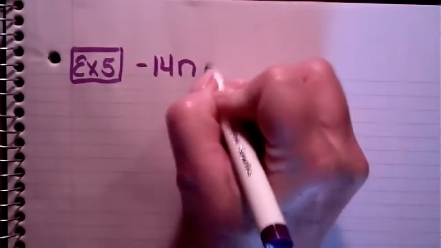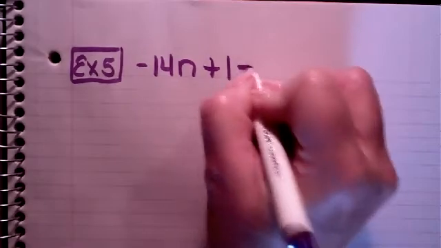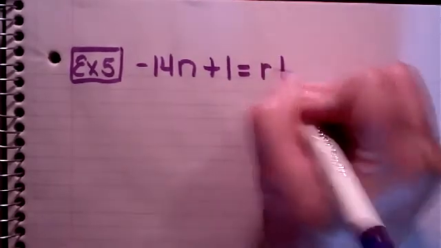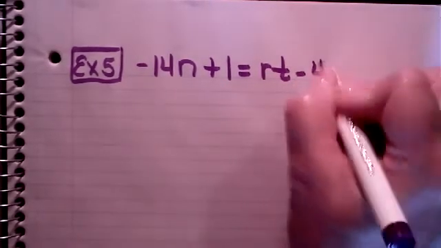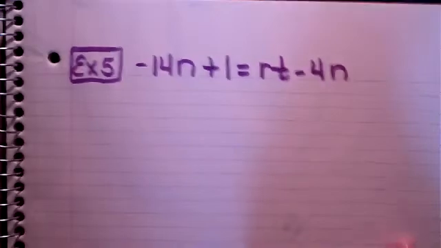Example 5, right here. Okay, example 5 says that I'm going to do negative 14n plus 1 equal to RT minus 4n, just like that.